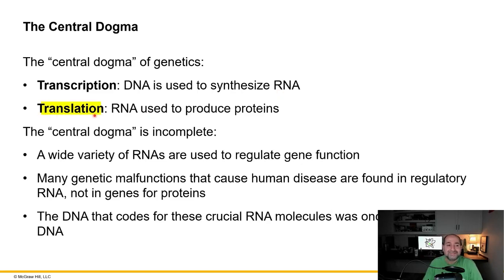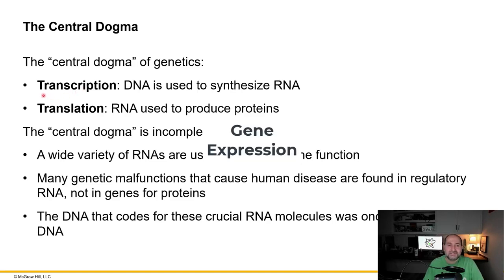Next, during translation, that mRNA message is read by your ribosomes to produce a protein. That's what a ribosome does. You can think of a ribosome as a 3D printer that prints proteins based on the message found on the mRNA. And by the way, the process of making proteins from genes is called gene expression.